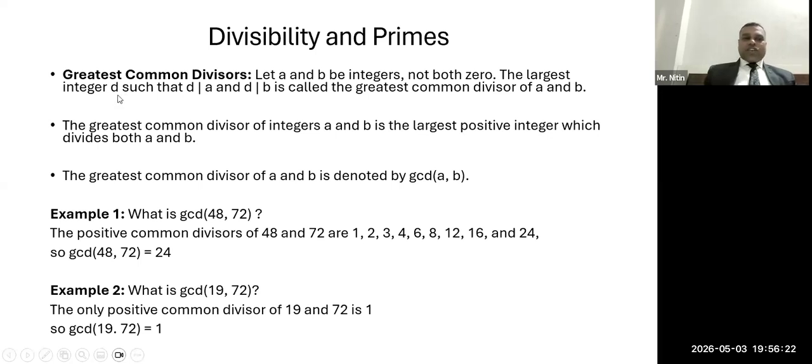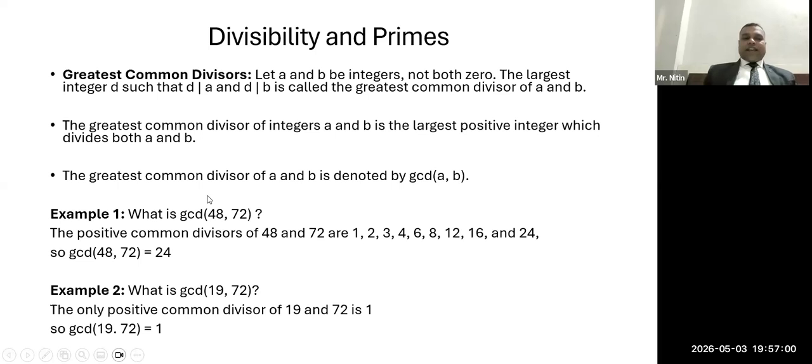The largest integer d such that d divides a and d divides b is called the greatest common divisor of a and b. So the greatest common divisor of integers a and b is the largest positive integer which divides both the numbers a and b.